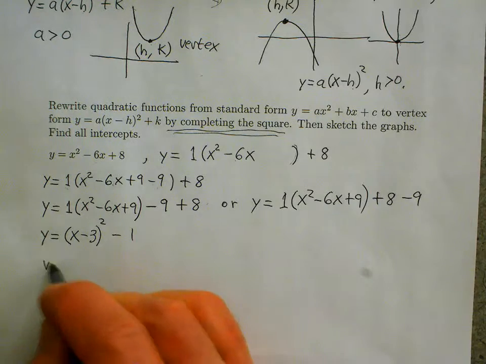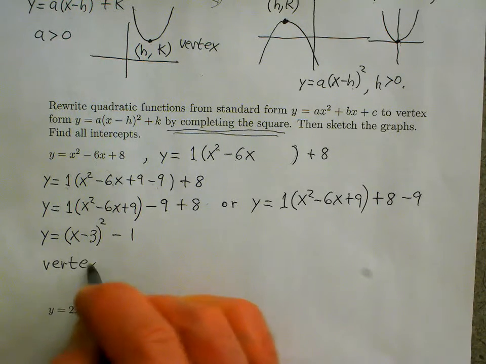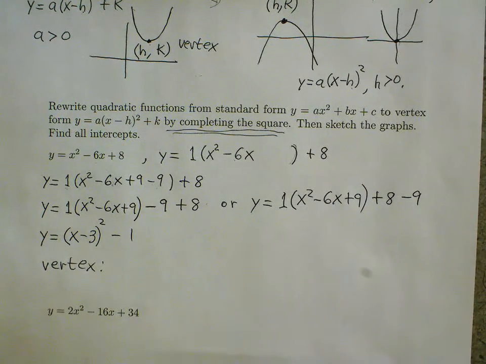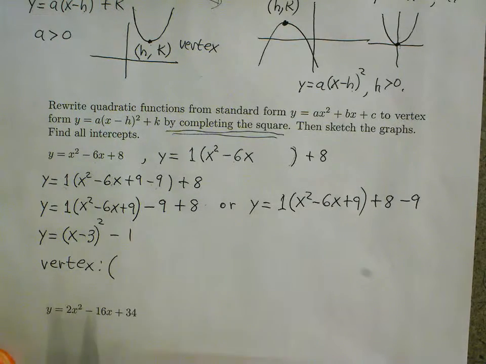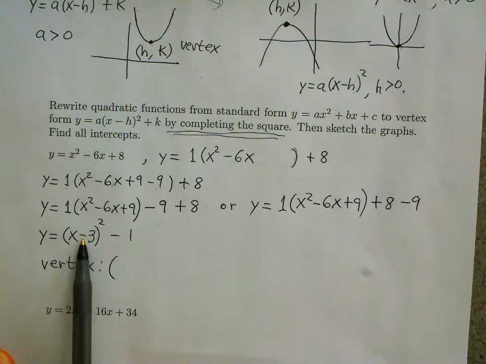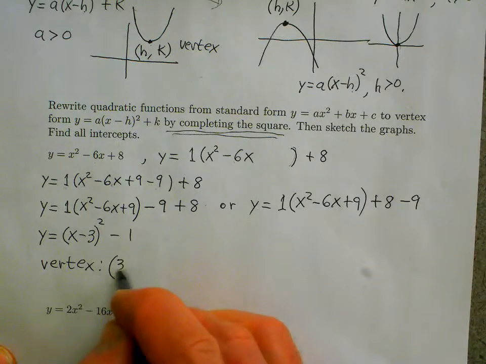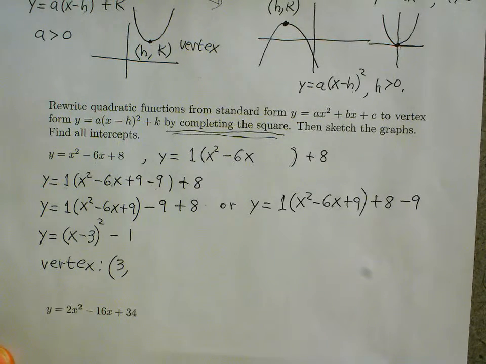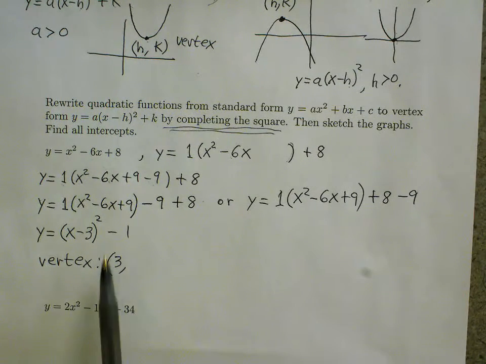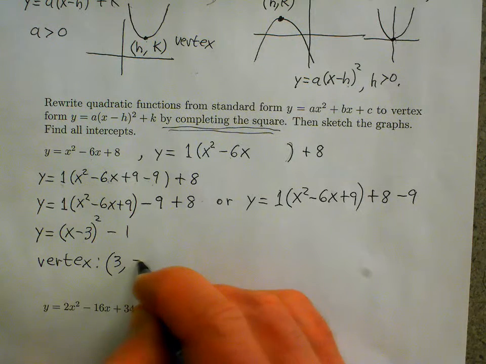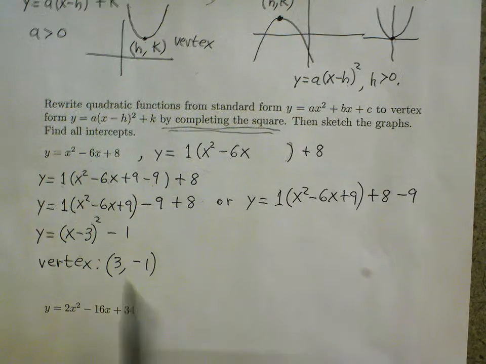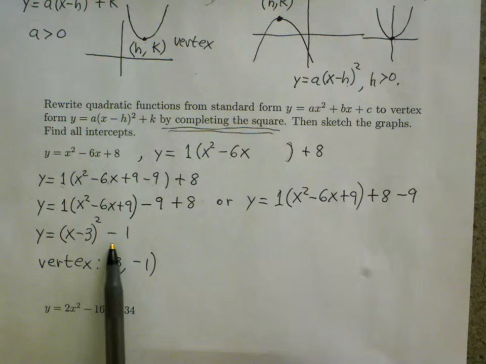Okay, so the vertex: 3 is the number that is subtracted from x on the inside of the parentheses. So 3 is the x-coordinate of the vertex. And the y-coordinate of the vertex is negative 1. It's the number added on the outside.